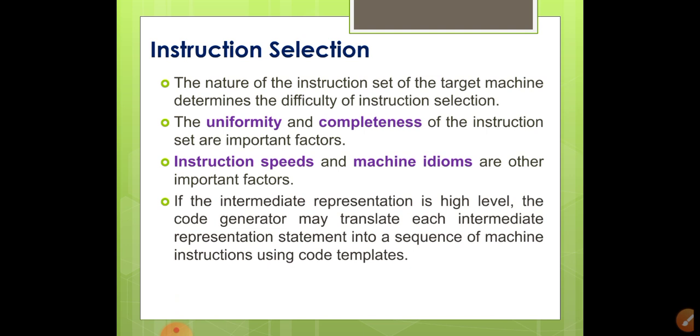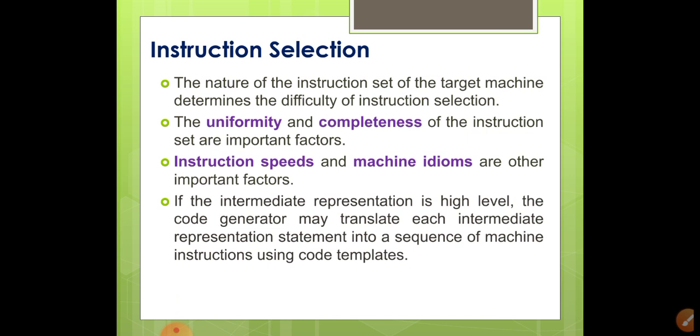For this purpose, we need to select the proper instructions, because we have already discussed that one three address code is replaced by two or three machine instructions in the first unit. So for that purpose, we select the proper instruction from the available instruction set.